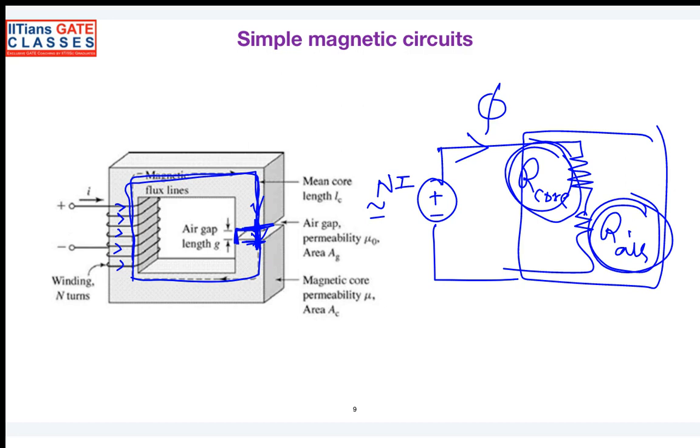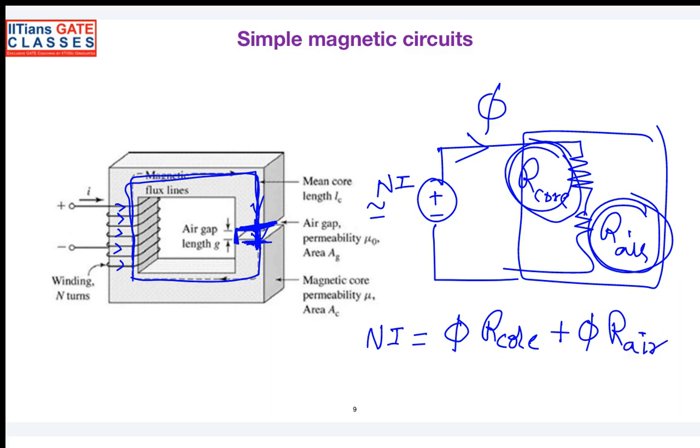What does Kirchhoff's voltage law say? Whatever the total MMF created in the circuit is equal to the drop across the core material as well as the air gap. So I can say the total flux phi times the reluctance of the core plus the flux times the reluctance of the air gap.